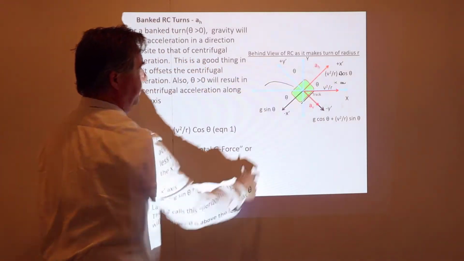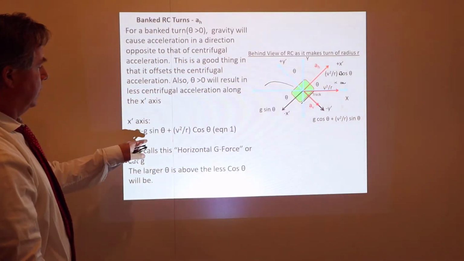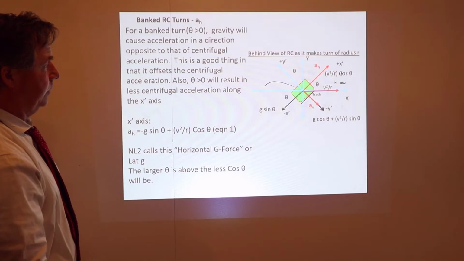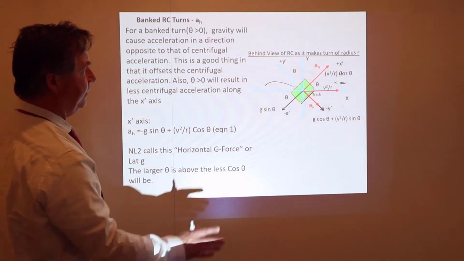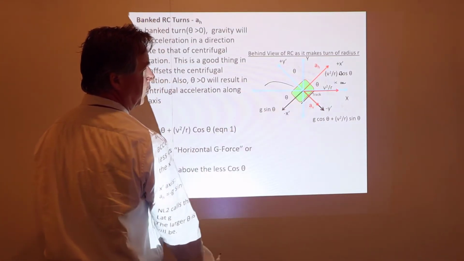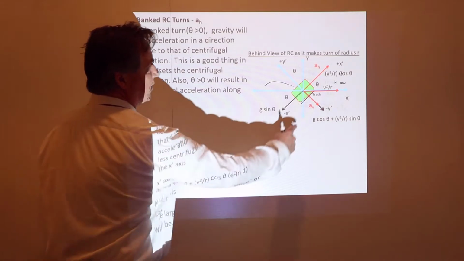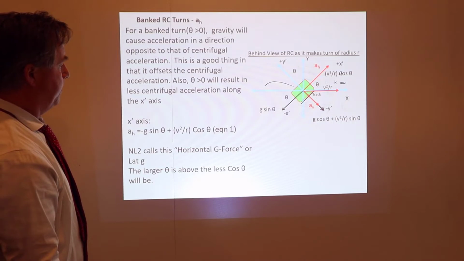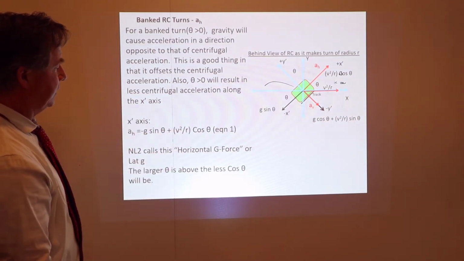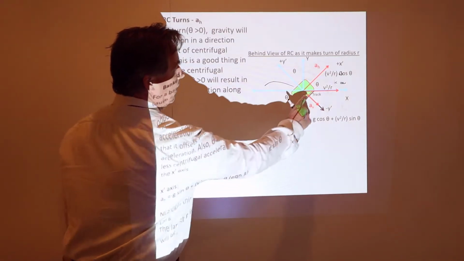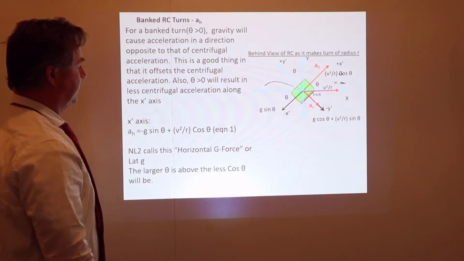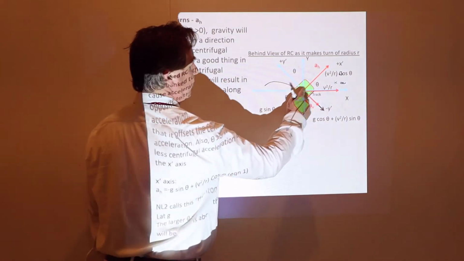Horizontal acceleration consists of gravity, so 9.8 meters per second squared, times the sine of the banking angle. Gravity in this scenario will cause the passenger to slide this way. Centrifugal acceleration along this axis is v squared over r times the cosine of the banking angle, so centrifugal acceleration will cause acceleration in this direction.